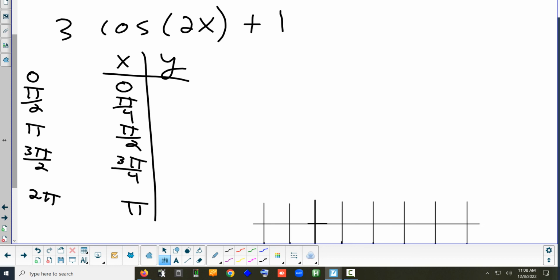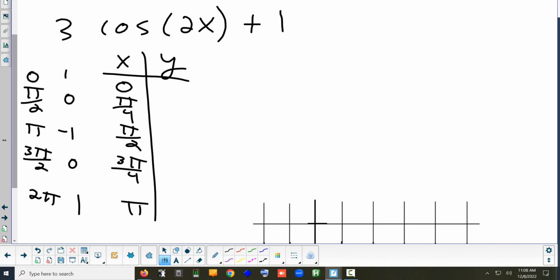The vertical stretch, and then vertical shift in that order. So we're going to take each y value and do what to it first? Multiply it by 3, and then add 1. That's the order.